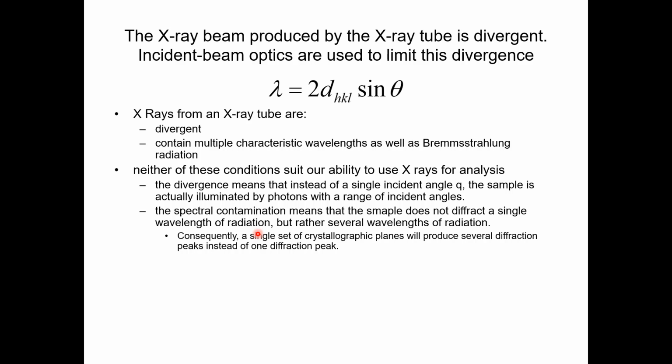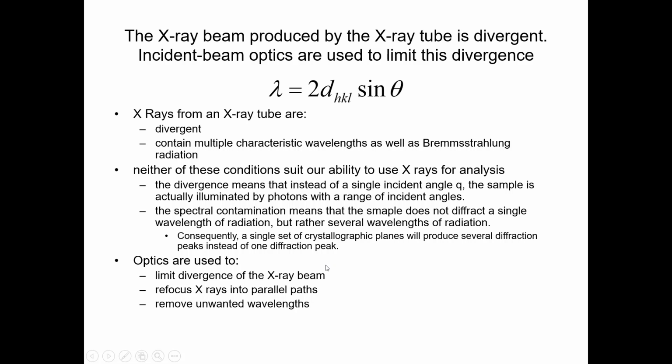I mean, we have multiple radiations. That's why we mentioned in the previous slide that we can have K alpha 1, K alpha 2, or K beta, and we also mentioned what the wavelengths of those radiations should be. Consequently, a single set of crystallographic planes will produce several diffraction peaks instead of one.